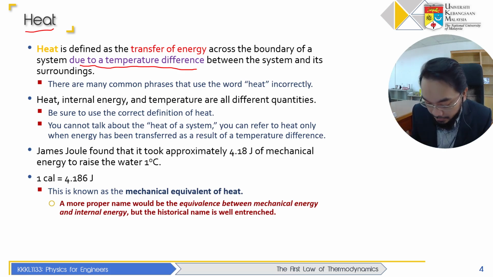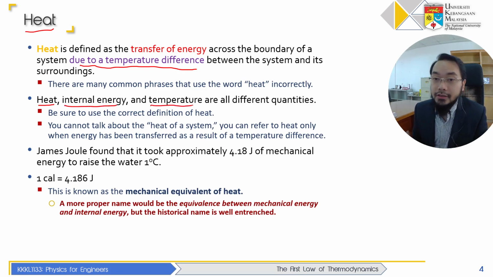So now we need to relate between heat, internal energy, and also temperature, which are all different quantities. Be sure to use the correct definition of heat. You cannot talk about the heat of a system. You can refer to heat only when energy has been transferred as a result of a temperature difference.